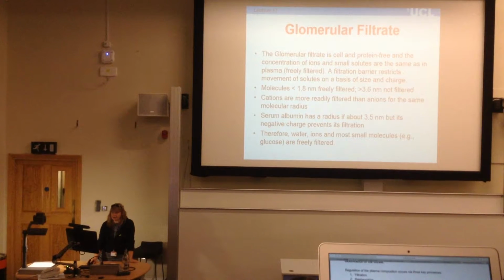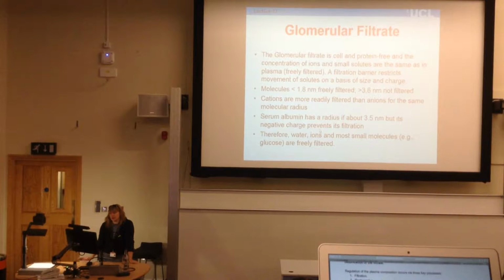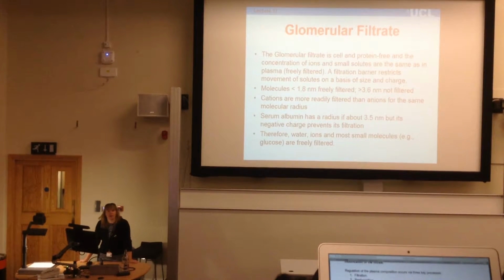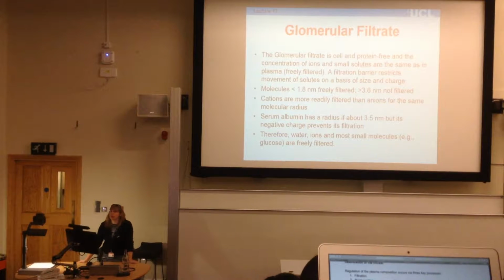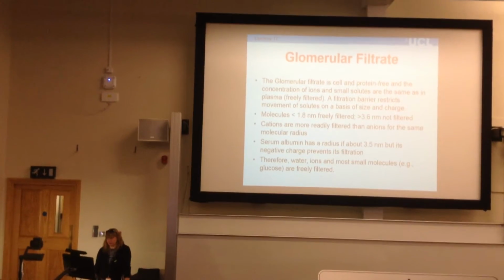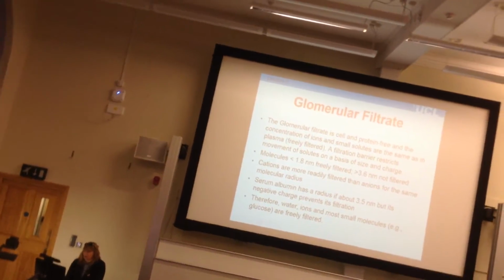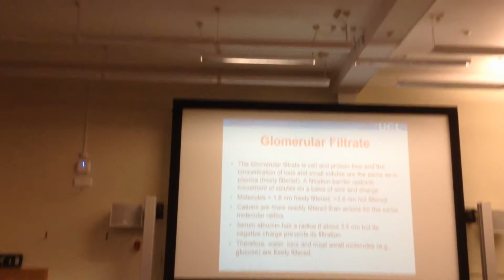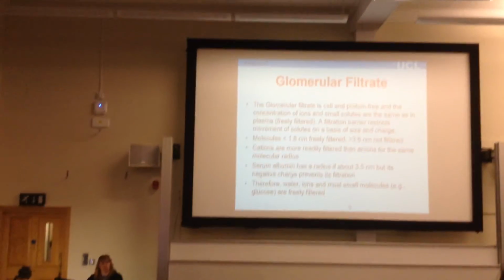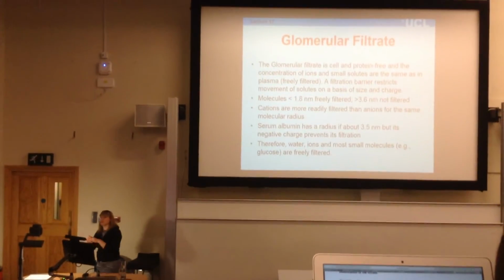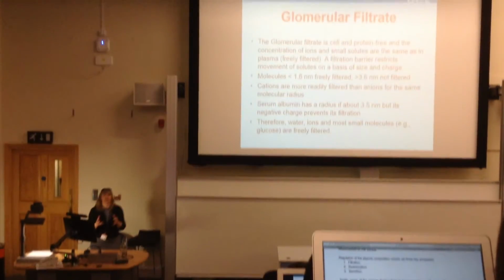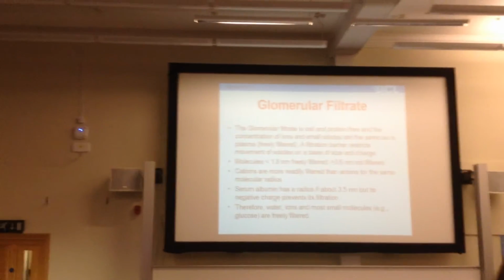But because it carries a negative charge, and there's a negative charge on the filtration barrier as well, negatively charged particles are repelled from the barrier and therefore held in the blood, so that they're not lost into the filtration fluid. Other elements, water, other ions, small molecules such as glucose are all described to be freely filtered because they will go straight into the tubular fluid at the same concentration as they are present in the blood.